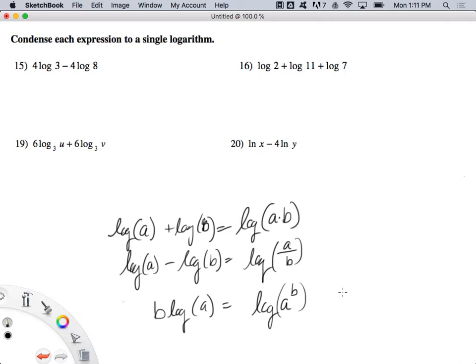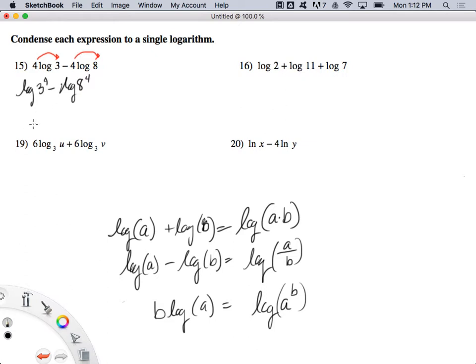Now, let's take a look. Number 15. What happens to these 4s in front? What do they become? 3 to the 4th. Very good. And 8 to the 4th. So this becomes the log of 3 to the 4th minus the log of 8 to the 4th. But when I'm subtracting logarithms, what do I do?